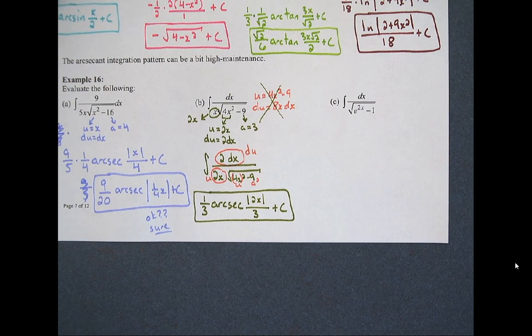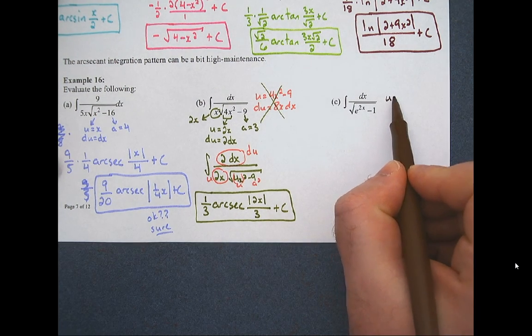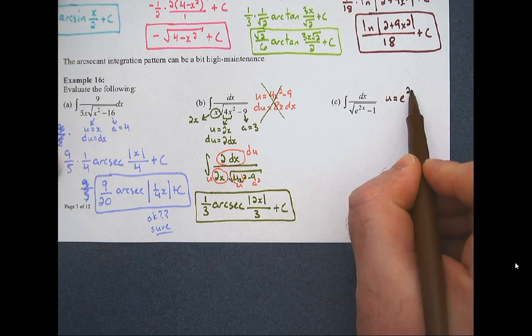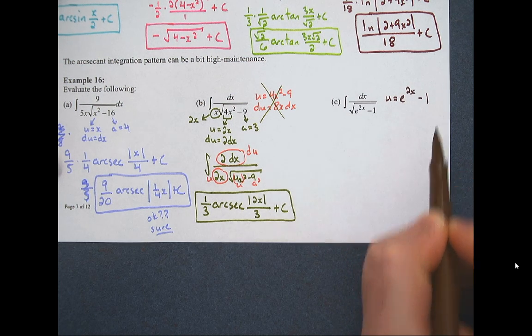Who would be my inside function? Let's see. So definitely inside would be e to the 2x minus 1.